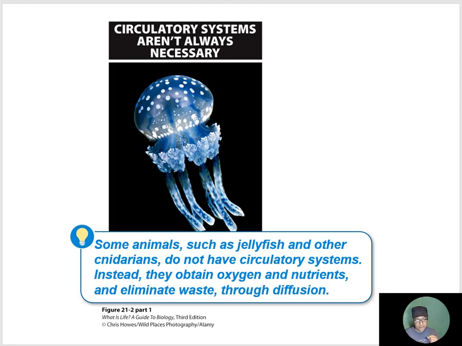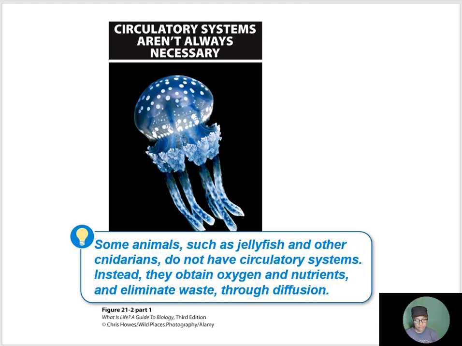But just because the circulatory system is very important for us, it doesn't mean that circulatory systems are necessary for all organisms, right? We have to remember that we're talking about the biology of the majority of organisms on the planet as well. And so there are some animals, such as jellyfish, other cnidarians, that don't have a circulatory system.